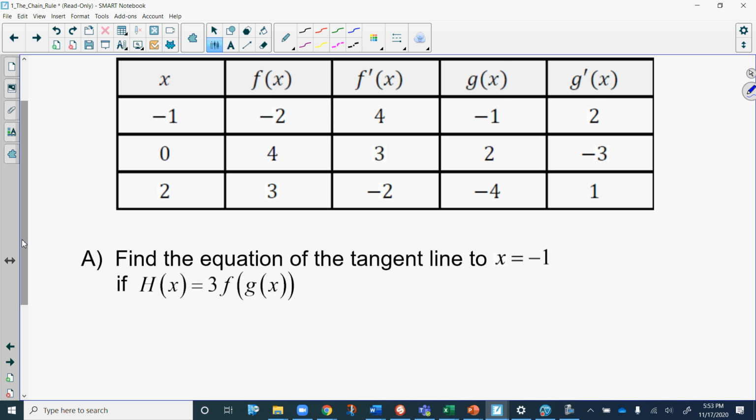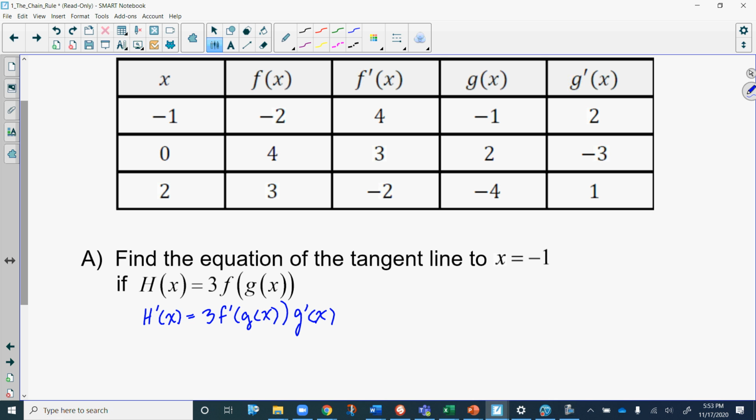Okay? So according to the chain rule, h prime of x would be equal to 3 times f prime of g of x times g prime of x, the derivative of the whole thing times the derivative of the inside.